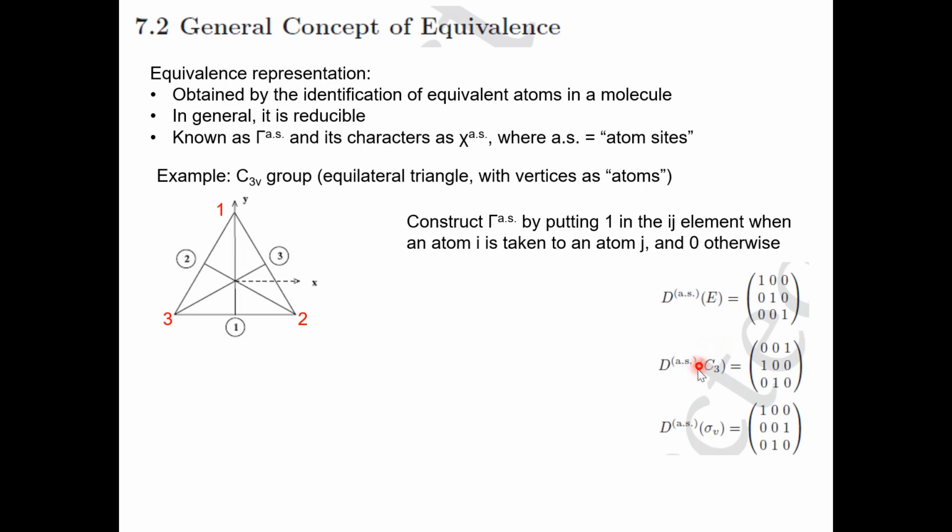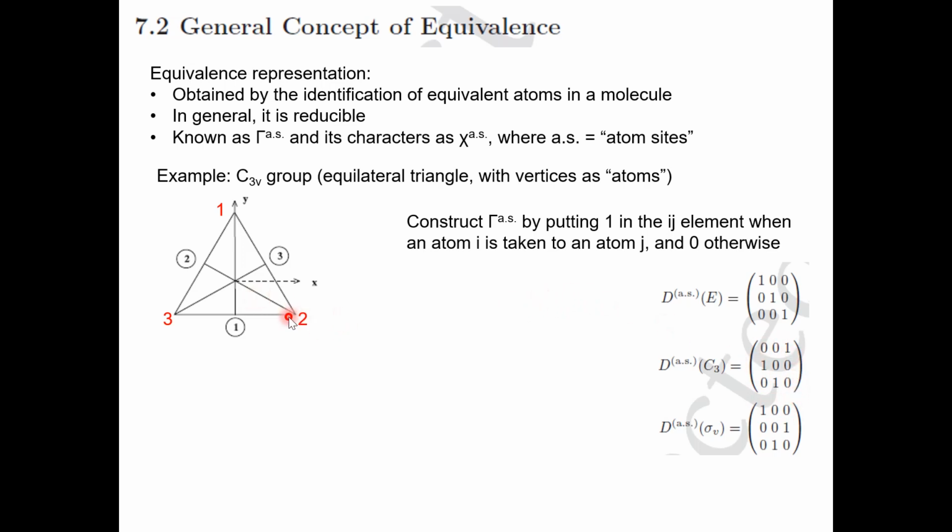Let's see the C3 operation, rotation by 2 pi over 3, one of the two rotations of the C3 class. In this case, I have a permutation. 1 goes into 3, 2 goes into 1, and 3 goes into 2.